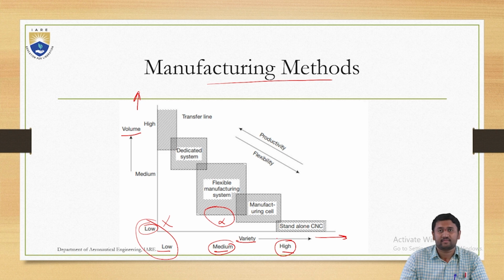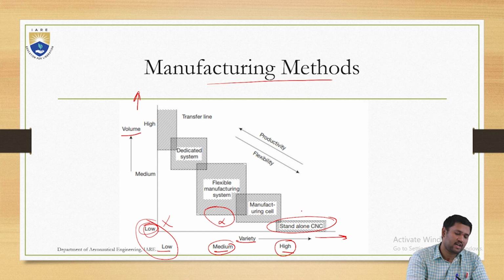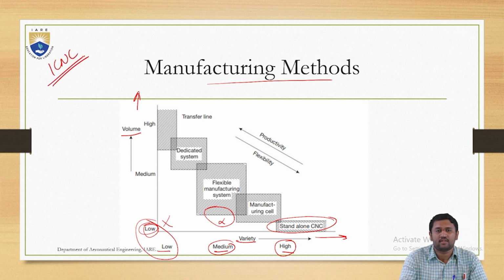Whereas a higher number of varieties with lower production rates or lower volume will come under standalone CNCs. Say you have one CNC. A simple CNC is able to store a number of programs, with which it can perform a variety of products accordingly. That will be a standalone CNC.